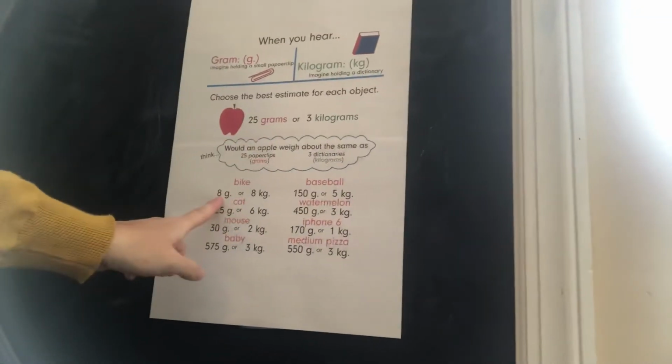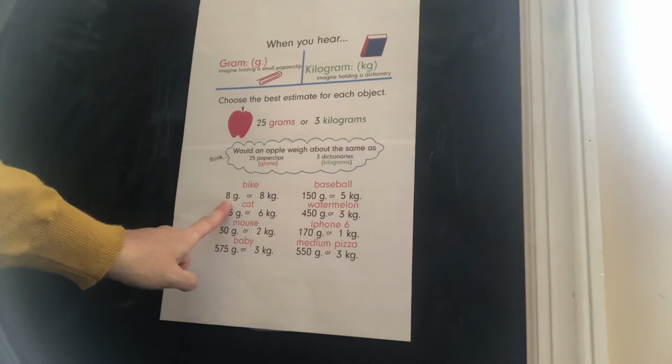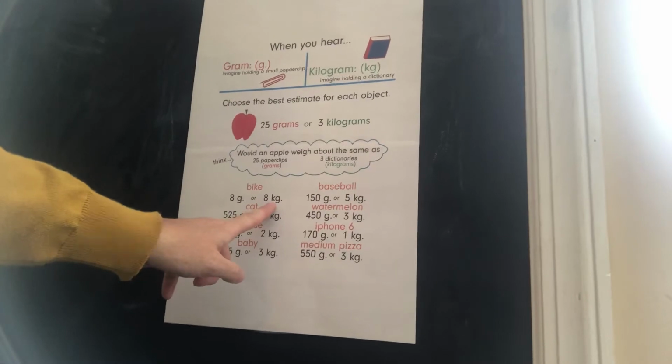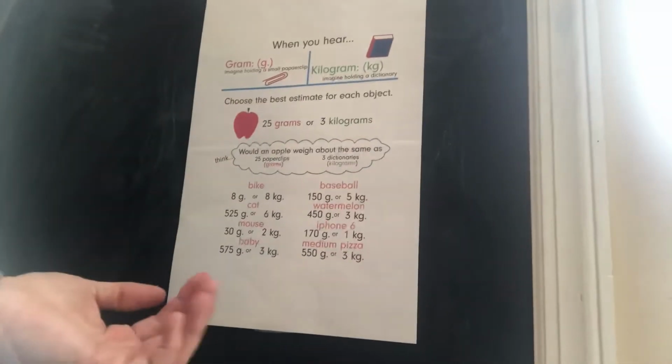Do you think your bike is going to weigh 8 grams, like 8 little paper clips in your hand, or do you think the better estimate is 8 kilograms, which would be more like pounds? What do you think? If you said 8 kilograms, you are correct, because a bike is going to be heavier than 8 paper clips in your hand, correct?